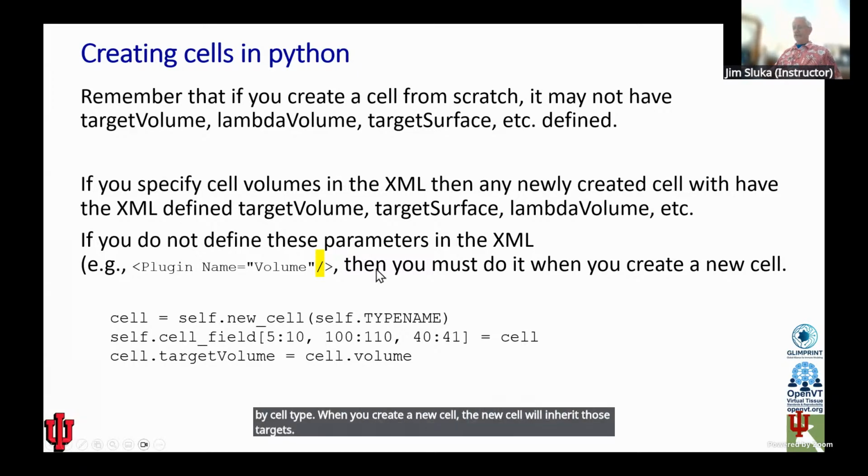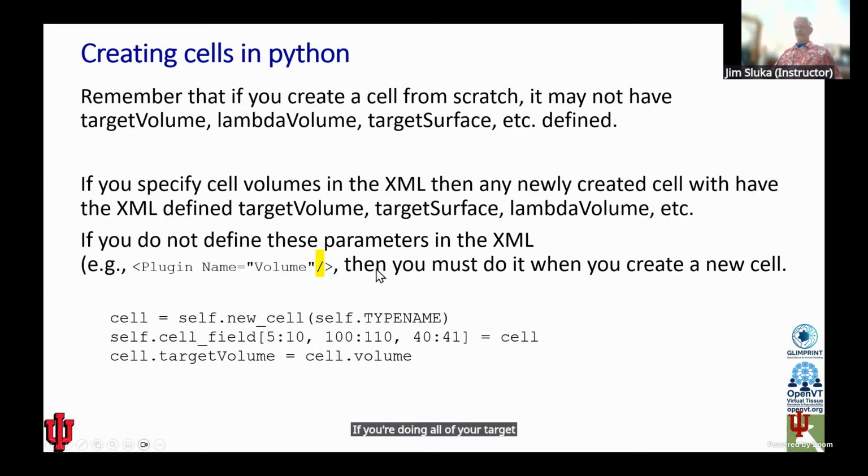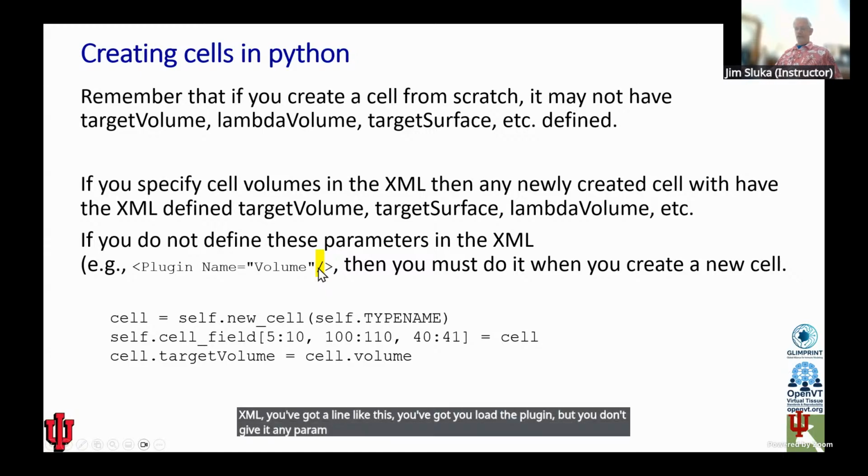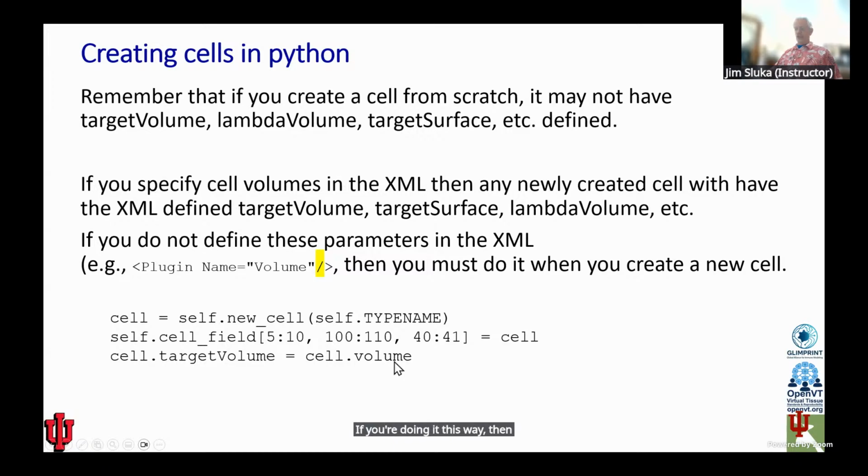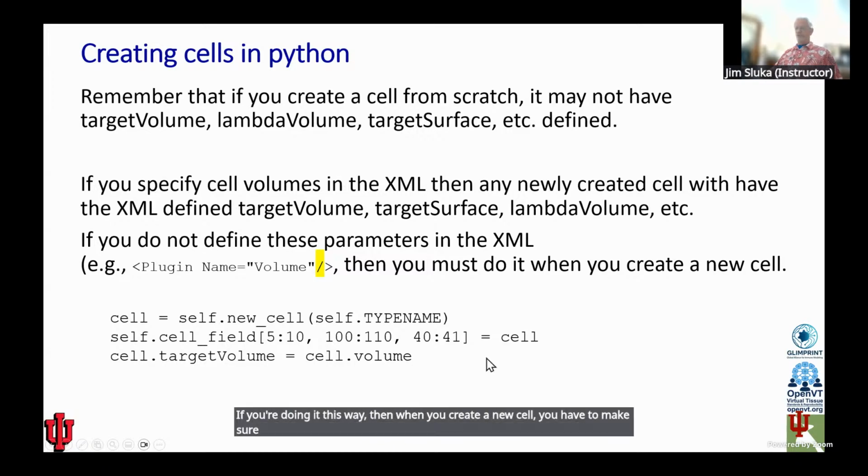If you're doing all of your target definitions in your Python steppable, which means in your XML, you've got a line like this, you load the plugin, but you don't give it any parameters. You don't tell it what any of the target volumes are. If you're doing it this way, then when you create a new cell, you have to make sure you set the target volume and lambda volume, etc., for that new cell.